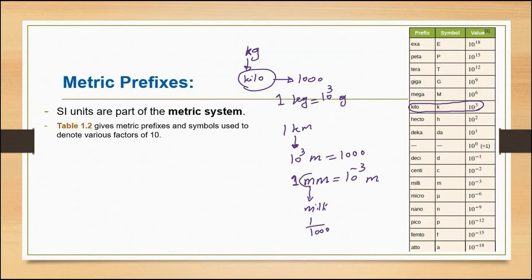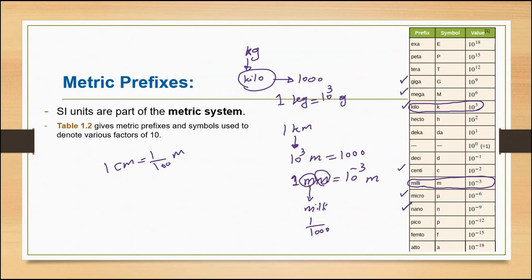The first m stands for milli. The second m stands for meter. So we need to know these prefixes. We see some of them more, like giga, mega, kilo, centi. Centi means 1 over 100. 1 centimeter means 1 over 100 meters.